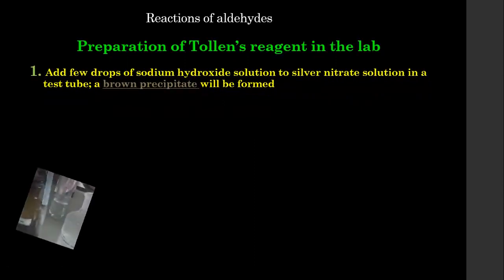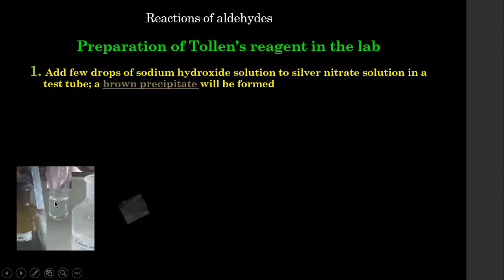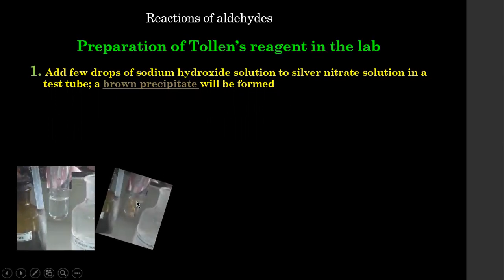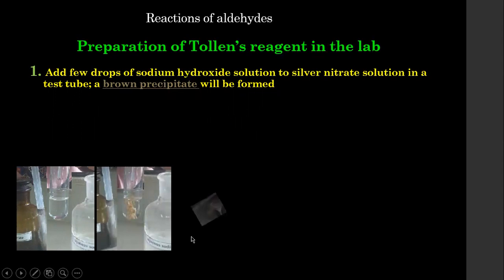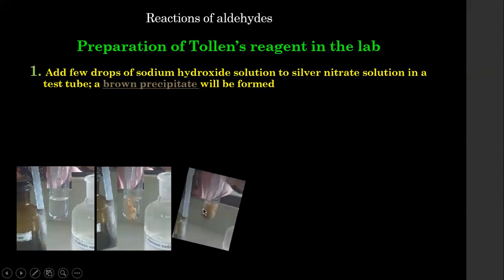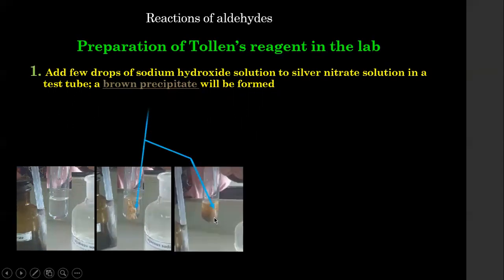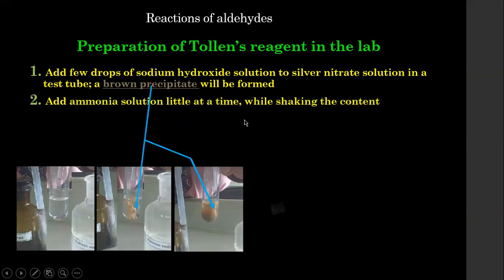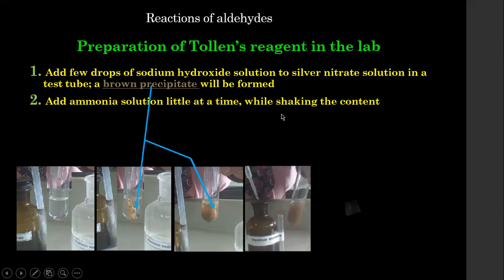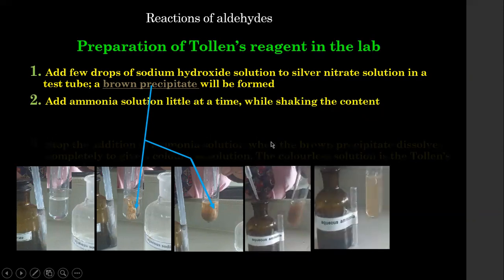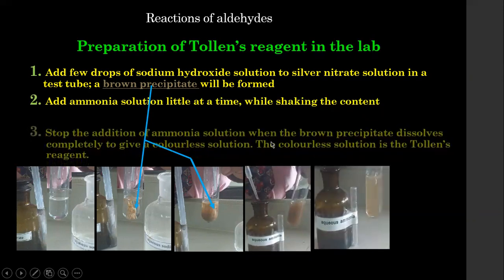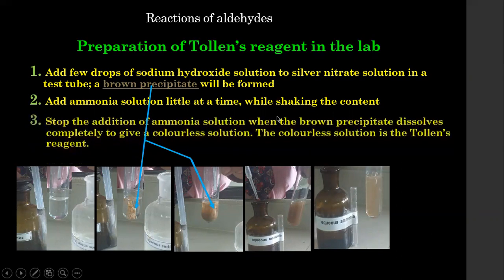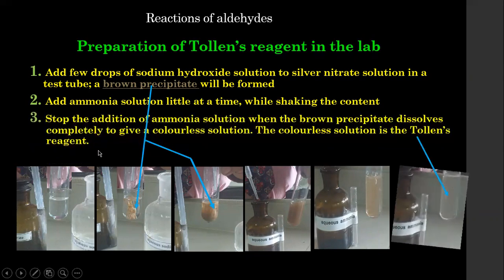You can see the brown precipitate in the third picture very well. Once the brown precipitate is formed, you add ammonia solution, ammonium hydroxide, little at a time while shaking the contents. You have to stop the addition of ammonium hydroxide solution when the brown precipitate dissolves completely to give a colorless solution.